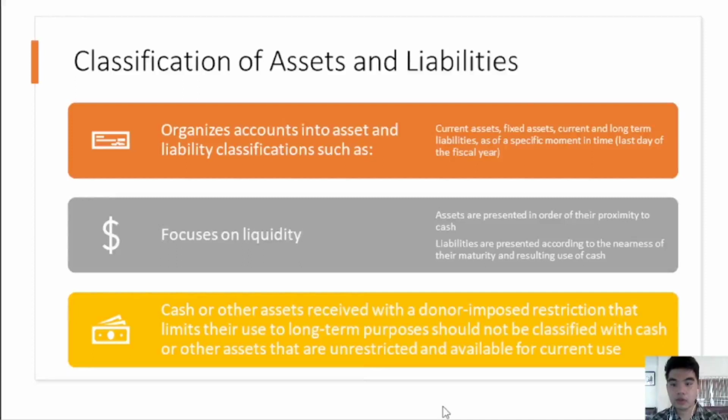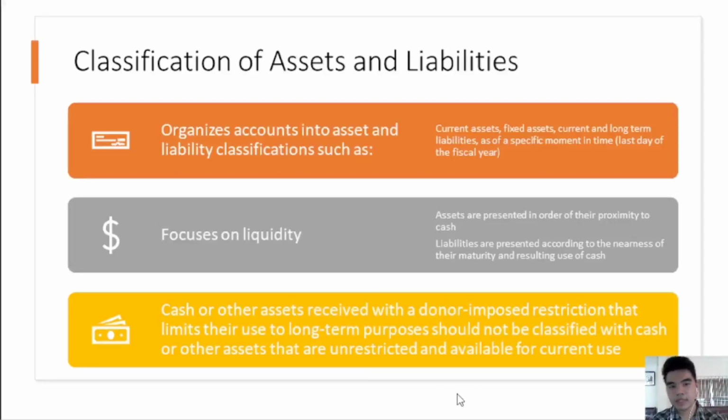And it is a donor-imposed restriction. So, how should we classify it? Should we classify it as a cash and cash equivalents? The answer for that is no. Since it is a restricted form of asset, it should not be classified as a cash and cash equivalent.